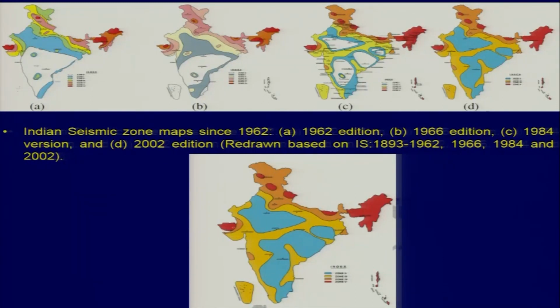And of course it is quite surprising that a small patch here, which is sitting away from this active seismic zone, is under zone 5, because this region has been struck by major earthquakes like the 1819 Allah Bund earthquake and the 2001 Bhuj earthquake, whereas this one of course remains in zone 5 because it is along the subduction zone here.